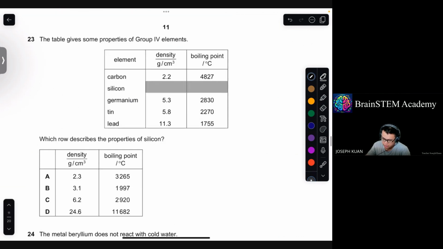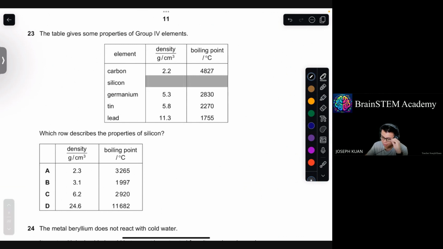Moving on to the next question, 23. The table gives some properties of group 4 elements. Which row describes the properties of silicon? Let's observe the trend here. In terms of density, down group 4 there's an increase in the density of the elements. Meanwhile, in terms of the trend of boiling point, there's a decrease.